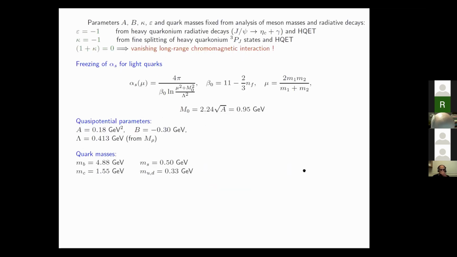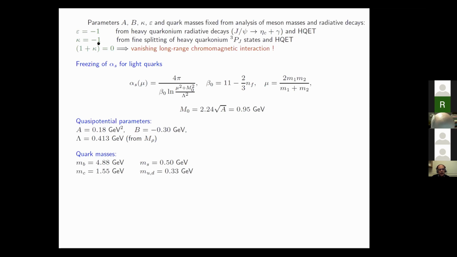As I already said, all parameters of the model were fixed from meson masses and radiative decays, and the quark masses and parameters of the potential have rather standard values for quark models. Since we also consider light quarks, we use this expression for the running coupling constant alpha_s with freezing. The most interesting parameters here are the new ones, epsilon and kappa: the mixing coefficient of vector and scalar confining interaction, and the long-range anomalous chromomagnetic quark moment.